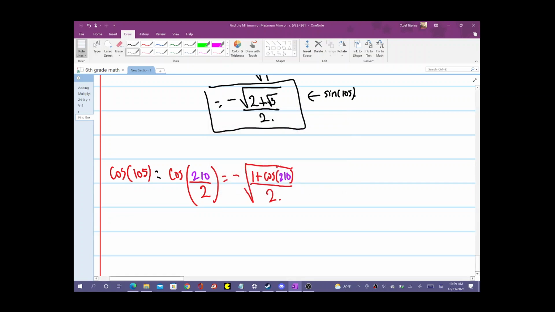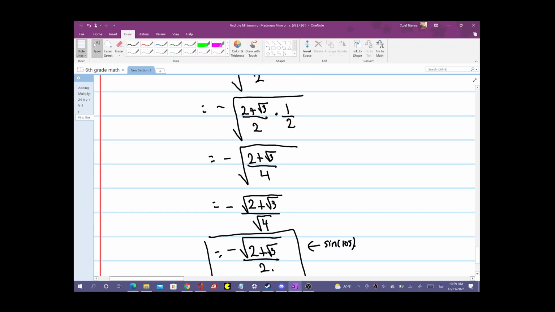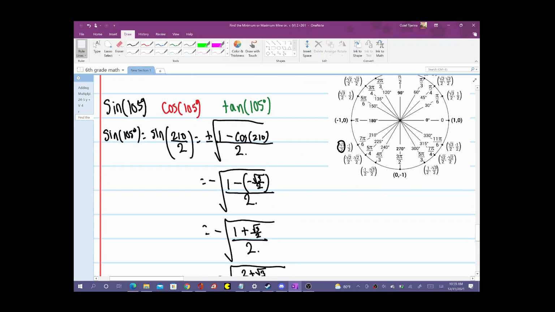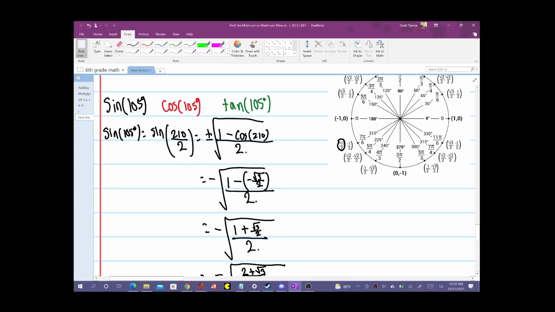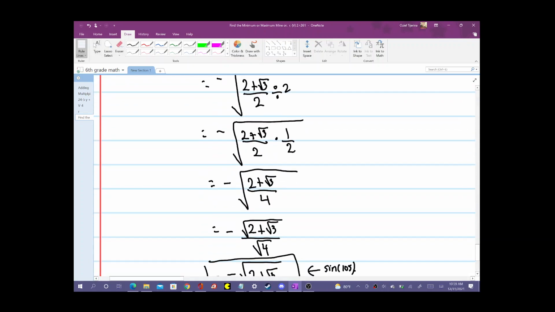So really this becomes negative the square root of 1 plus, and cosine of 210 is going to be negative square root of 3 over 2 again.